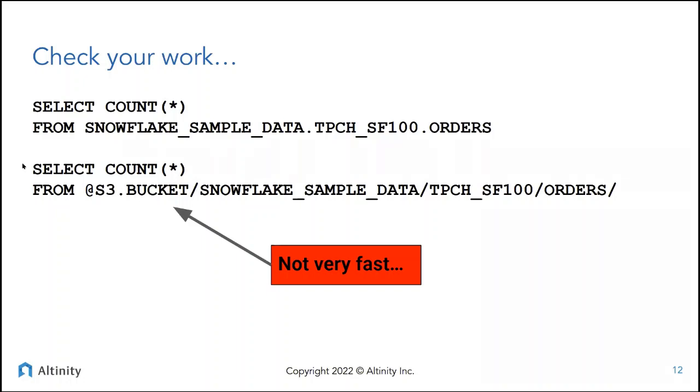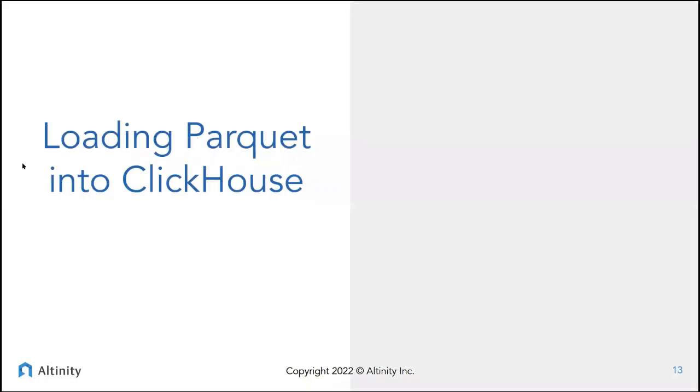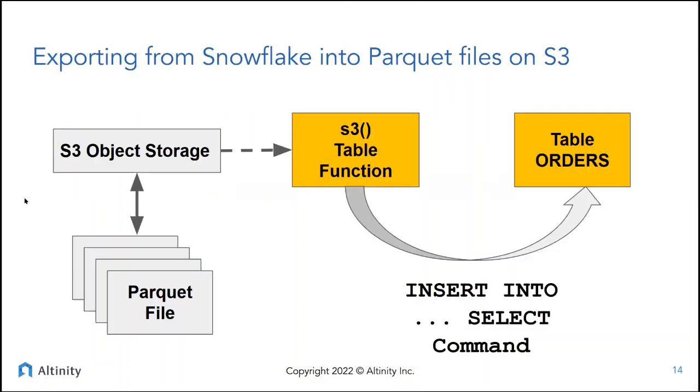So what we're now going to do is go load that Parquet data into ClickHouse. So the first thing that we're going to do is just show you the basic steps. It's actually even simpler in some ways to pull the data in, because in ClickHouse we have something called the S3 table function.